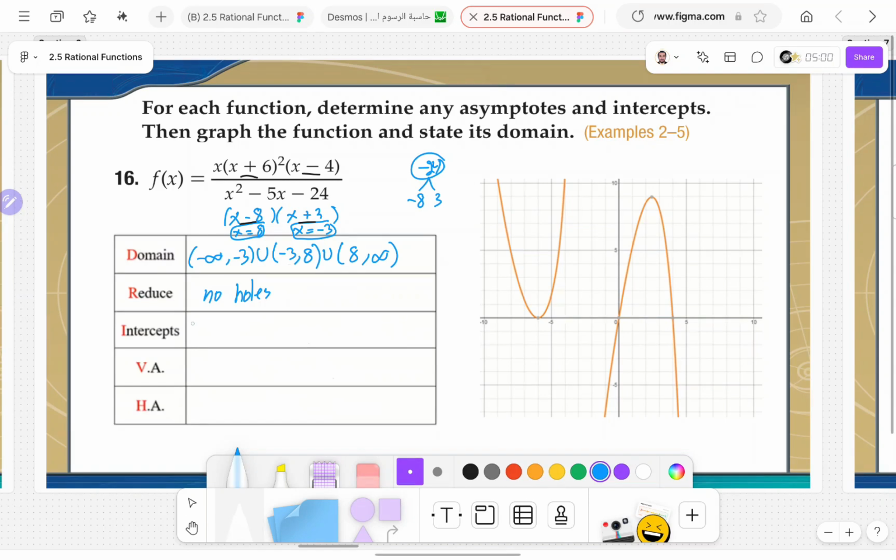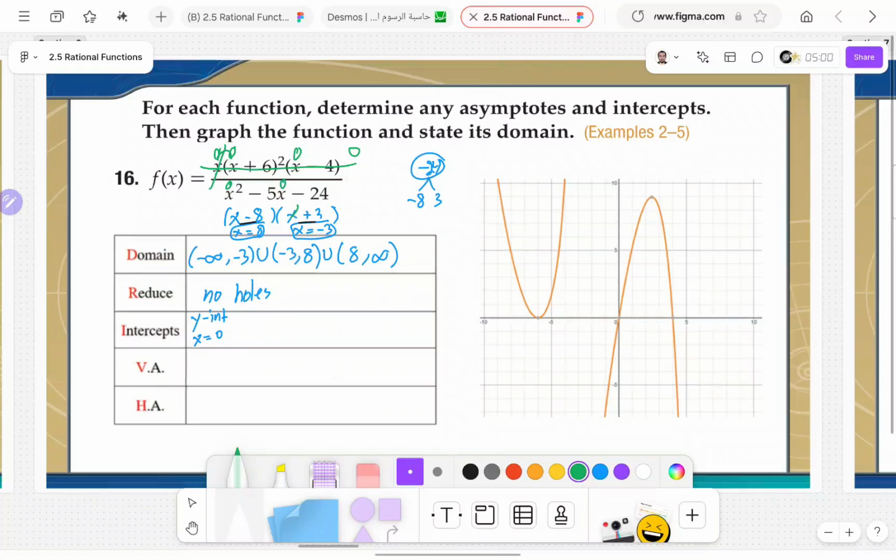Now intercepts. To find the y-intercept, x should equal 0. Now let's do it here on the graph. If I replace every x with 0, so 0, 0, 0, 0, 0. Now this term, because this one is 0, it's multiplied with the whole bracket, so the whole numerator will become 0.